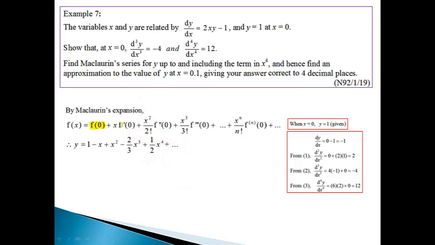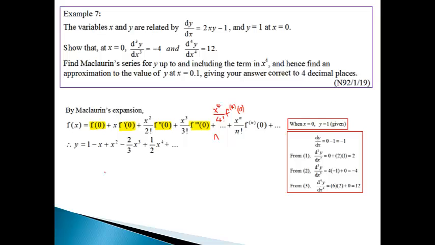f(0) is the y value, f'(0) is the dy/dx value, f''(0) is the d²y/dx² value, f'''(0) is the d³y/dx³ value, and not forgetting the term in x to the power of 4, whereby f⁗(0) is the value of d⁴y/dx⁴.